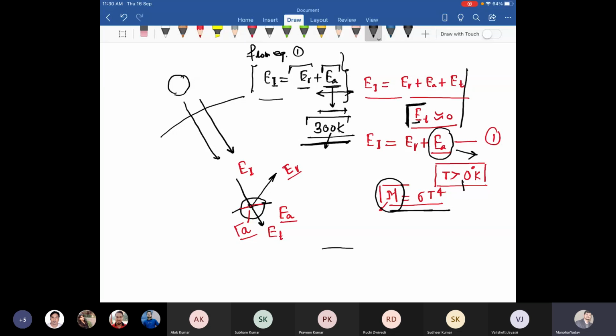Let's say this is the interface, this is medium M1, and this is medium M2. This is the energy source, and it transmits an energy component that interacts with the interface between medium M1 and M2.